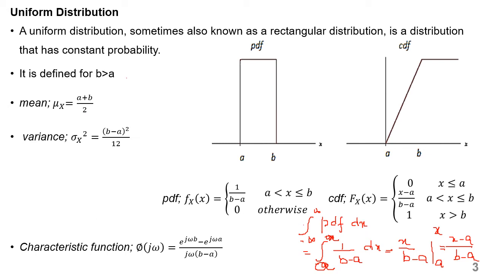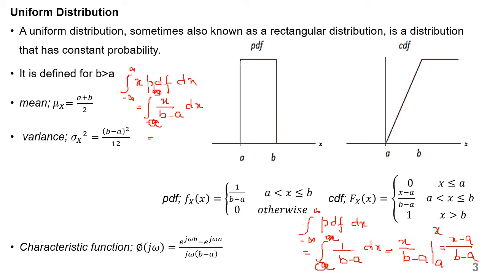Here you can get the mean value as the integral from minus infinity to infinity of x into the PDF dx. So this gives you the integral of x divided by b minus a dx. Here it varies from a to b.